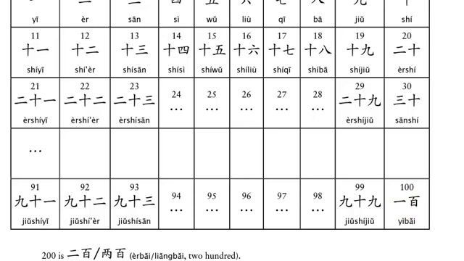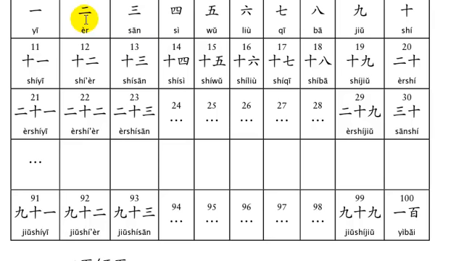And then incidentally, 200 is Er bai, 300 is San bai, and so on, all the way up to 900. And then if you wanted to say something like 922, you would say Jiu bai er shi er. So those are the numbers.